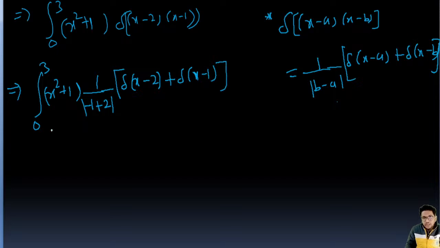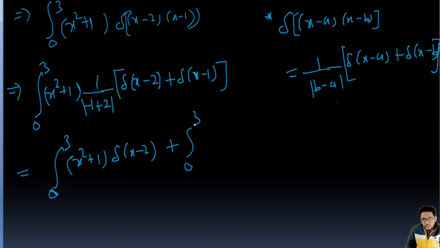This is minus 1, minus 1 plus 2 is 1, 1 mod is 1, so it is going to be 0 to 3 x square plus 1 del x minus 2 plus 0 to 3 x square plus 1 del x minus 1.